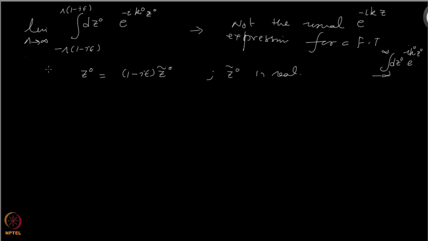If I do so, then integral dz naught becomes 1 minus I epsilon dz tilde naught. And now my integration limits run from minus infinity to plus infinity, but the exponent changes. So, it becomes e to the minus I k 0 1 minus I epsilon z tilde naught.